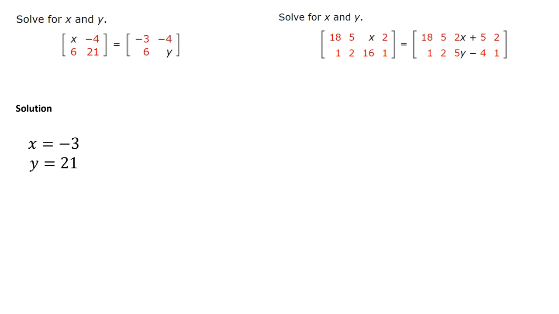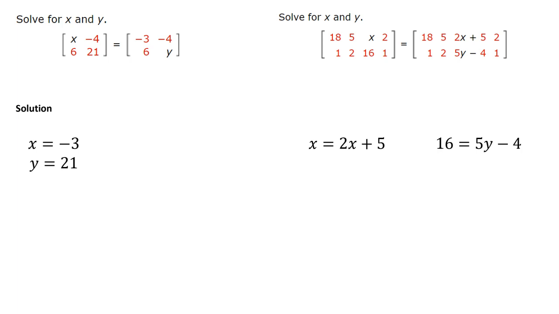So we have to do a little bit of algebra: x is equal to 2x plus 5. In the second row, we have a 1, 2, 16, 1 against a 1, 2, then 5y minus 4, and then 1. So 16 has to be equal to 5y minus 4.